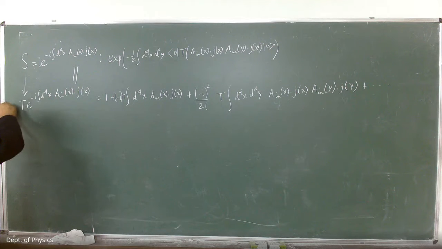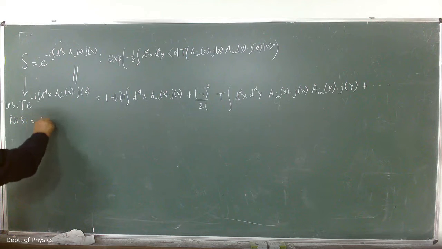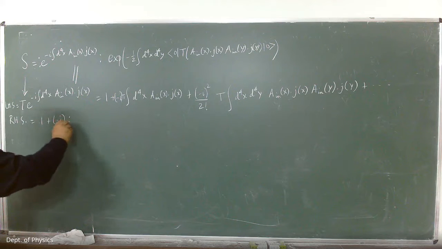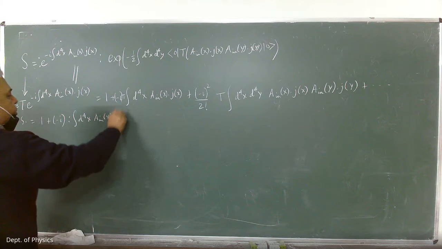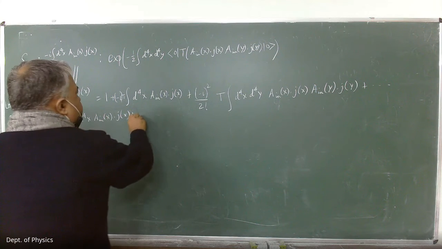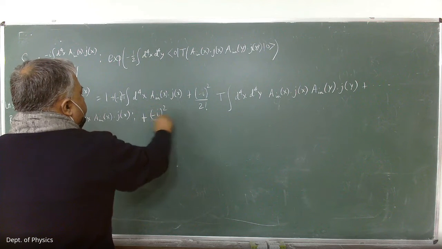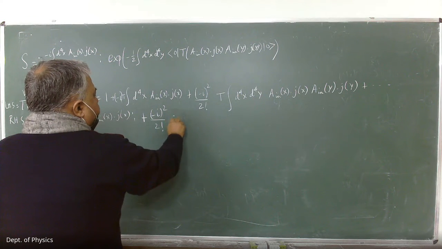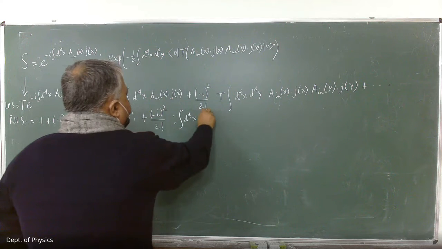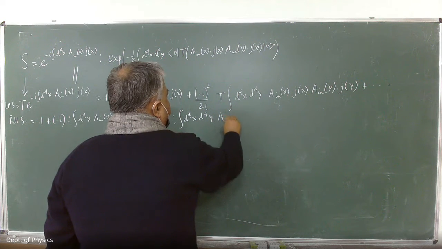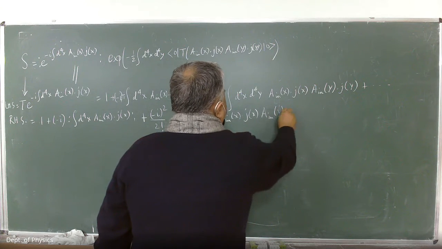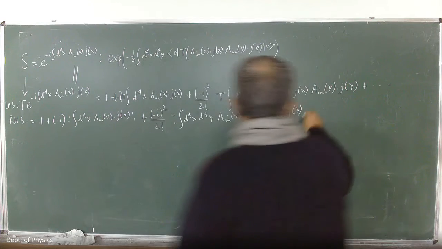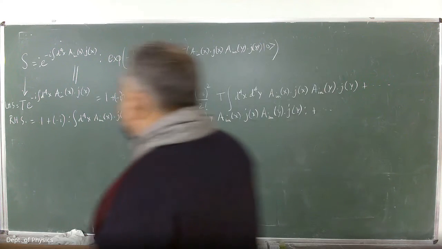So the right hand side will be identity plus minus i normal ordered d4x A in x dot J x, plus minus i whole square by 2 factorial normal ordered product of d4x d4y, A in x dot J x, A in y dot J y. This is one factor only.